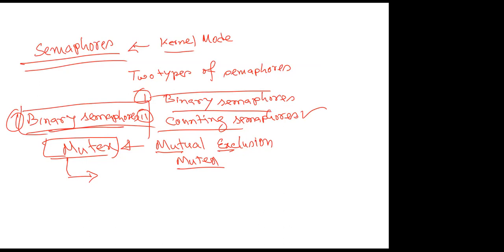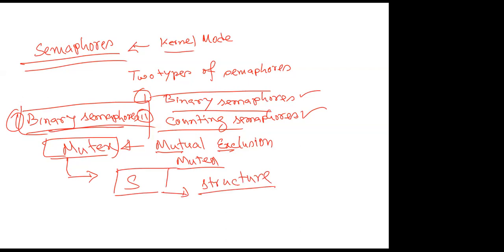Now let's check some other properties of semaphore variables. Why is it a binary semaphore? It takes only two values. Before that, let's see the type of the semaphore variable. A semaphore is nothing but a structure type variable, like a C or C++ structure.